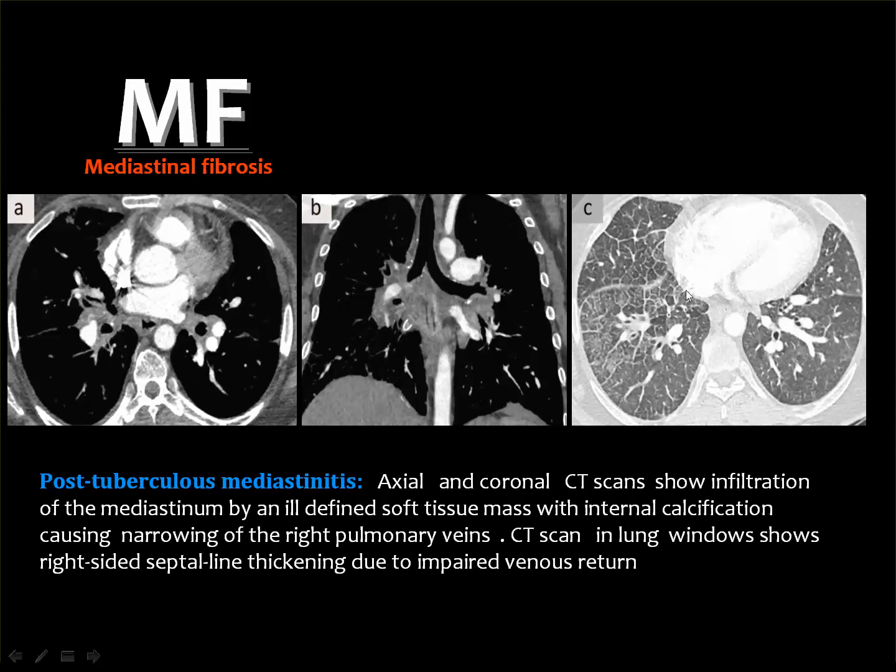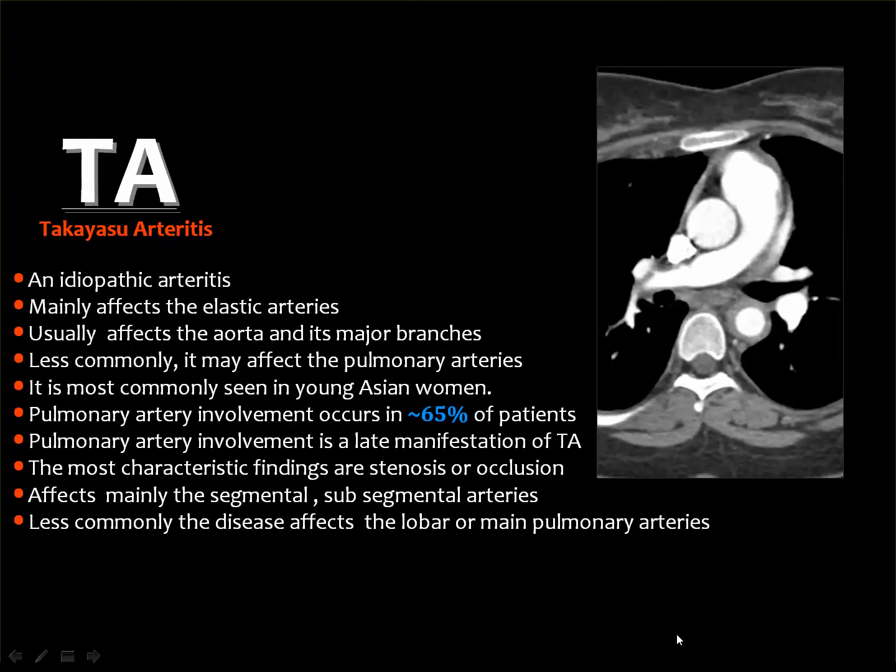And this is also an example of the diffuse type of mediastinal fibrosis encasing the vessels, associated with impaired venous return, resulting in these interstitial pulmonary opacities of lymphatic configuration, which means that there is pulmonary interstitial edema, most likely secondary to compromise of the venous return.